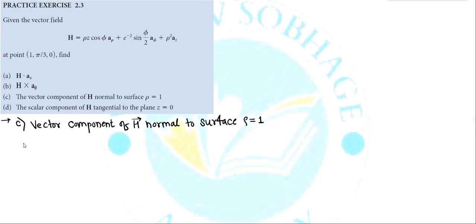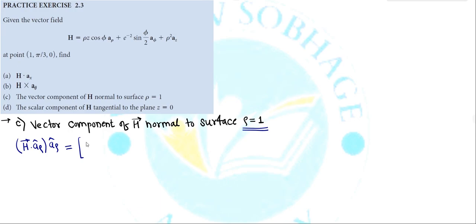The vector component of vector h will have the dot product with respect to that a rho, since we are given that it should be normal to the surface rho equals 1. So that's why we have taken the dot product of the given vector with respect to the unit vector along the rho direction. Okay, so this is what we are going to find out.